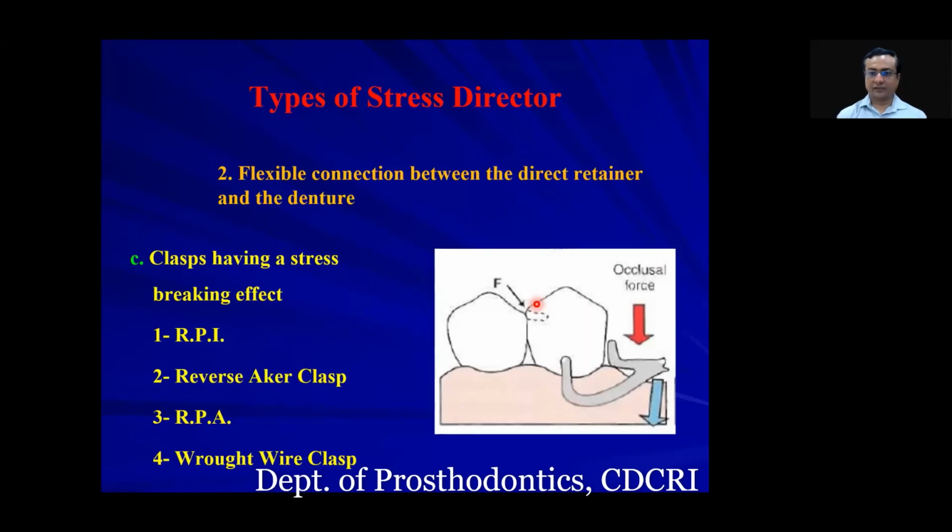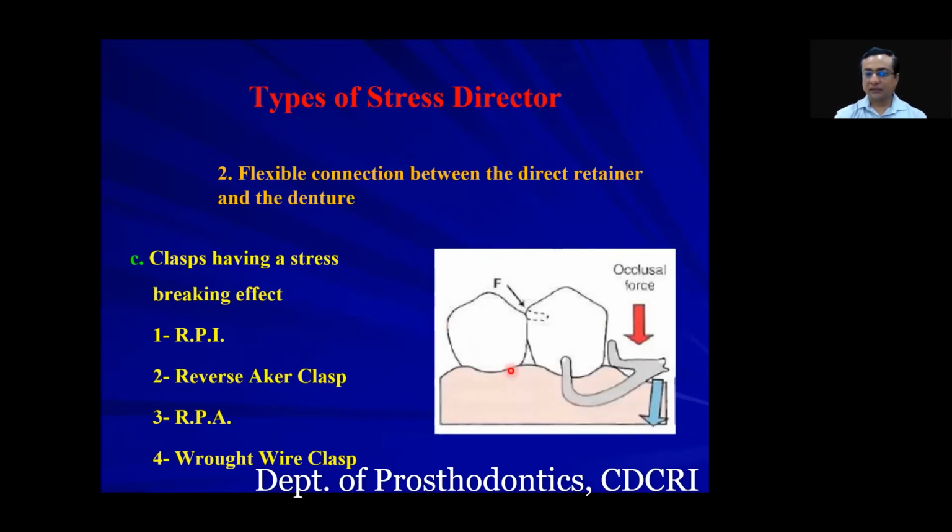One way of classifying direct retainers is those which have a stress breaking like effect, and another type which doesn't. Examples of clasps which have a stress breaking like effect: RPI clasp, RPA clasp, reverse Akers clasp, and the wrought wire clasp, or the combination clasp.